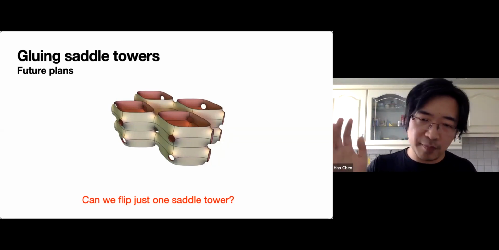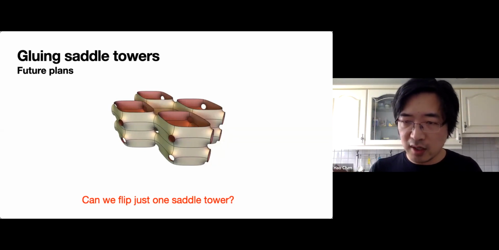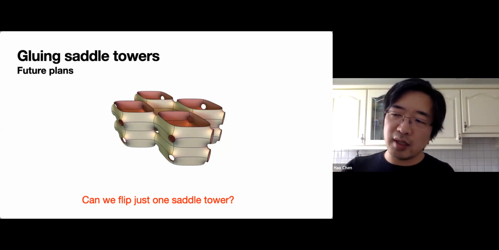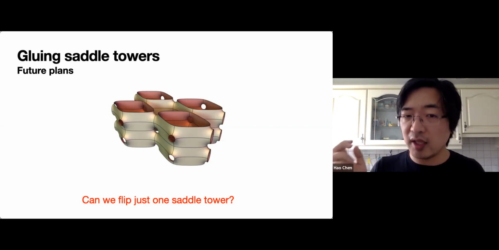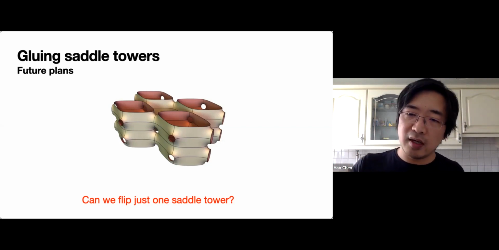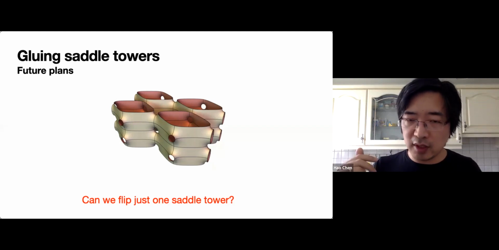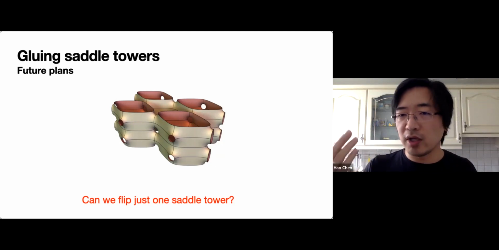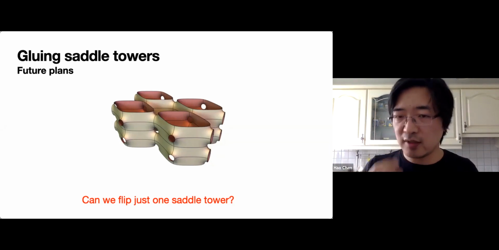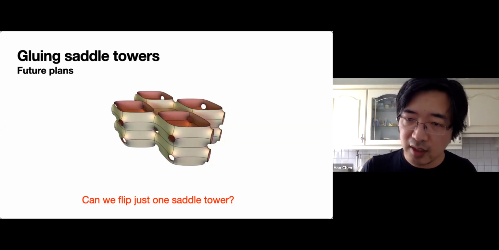Or can we flip the phase of just a few saddle towers? In crystallography, they would call that a line defect. And if I can flip a lot of saddle towers, they would call it a disorder. And that's another interesting case for crystallographers.